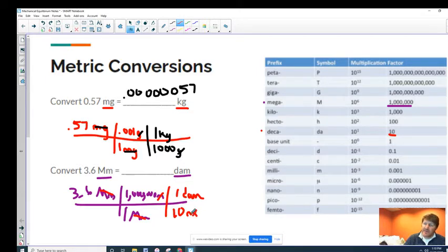Cancel those out. My answer will be in decameters. So I have 3.6 times a million is 3,600,000 divided by 10 is 360,000. Sorry, 1,000. Okay. So that's how we do that.